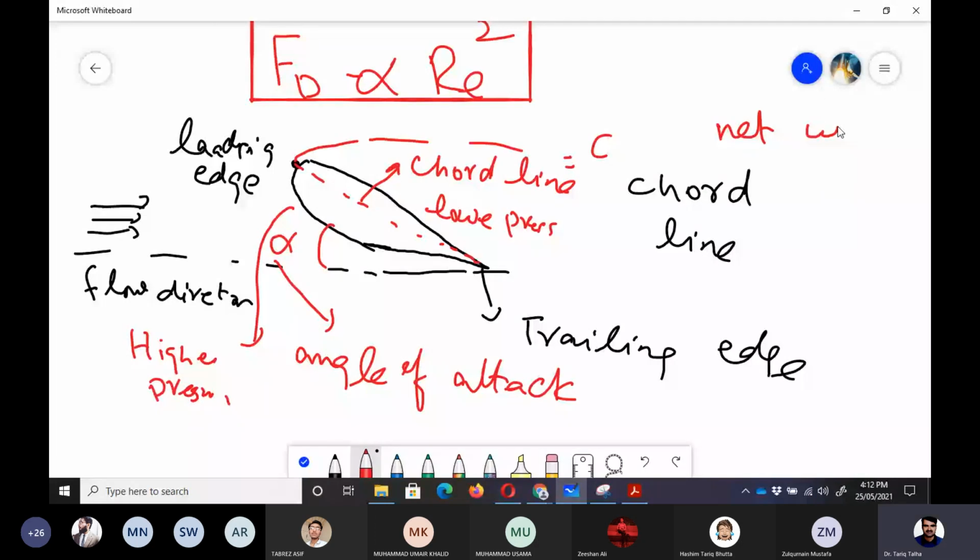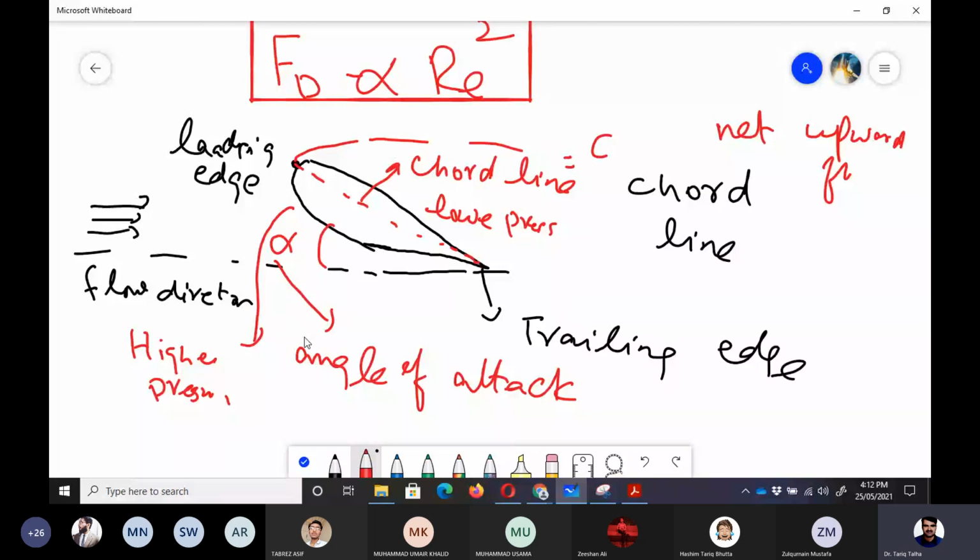That is why the aeroplane is kind of tilted so that the angle of attack is positive, and when we need to land, then we would have negative angle of attack so that on the upper side we have got higher pressure, and on the lower side we have got low pressure, so that it can come down.